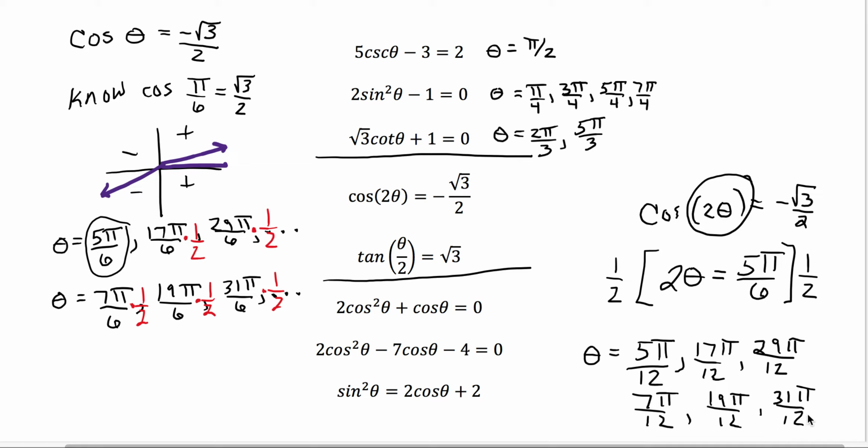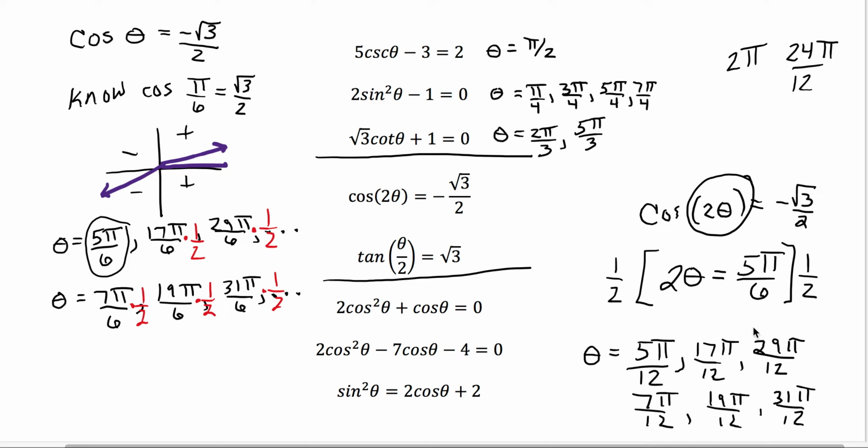Now, you are going to be told, and I didn't type it on the review sheet, to stay within one rotation between 0 and 2 pi. So remember that all of our answers here have a 12 on the bottom. So that means that if we don't want to go any bigger than 2 pi, and our denominator is 12, we don't want anything bigger than 24 pi over 12.